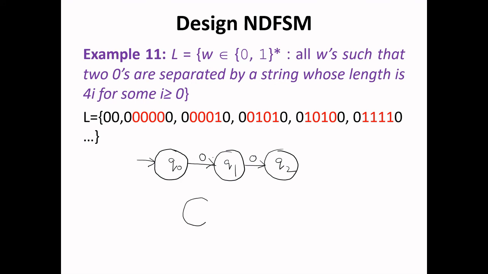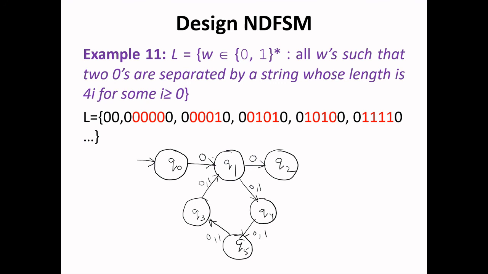I'll take 3 more states here, labeled Q3, Q4 and Q5, where this is the first 0, 1, this is the second 0, 1, this is the third 0, 1 and this is the fourth 0, 1.